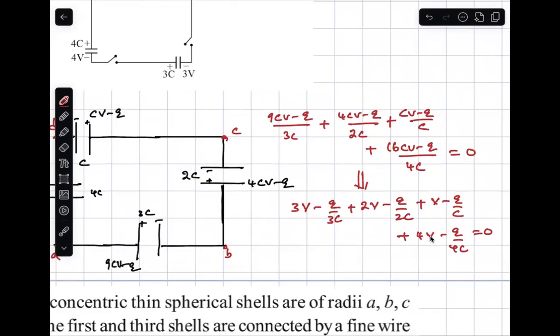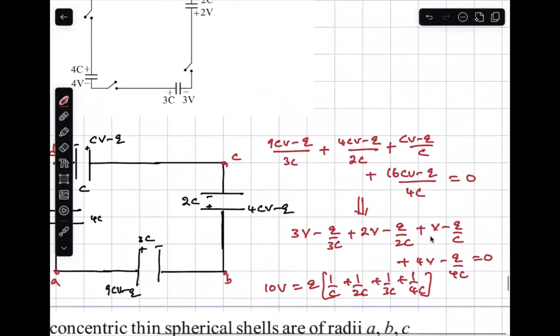Are 3V plus 2V plus V plus 4V, 5, 6, 10V is equal to Q times 1 by C plus 1 by 2C plus 1 by 3C plus 1 by 4C. Any doubt till this point?